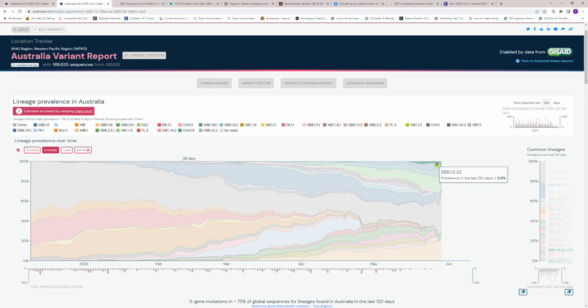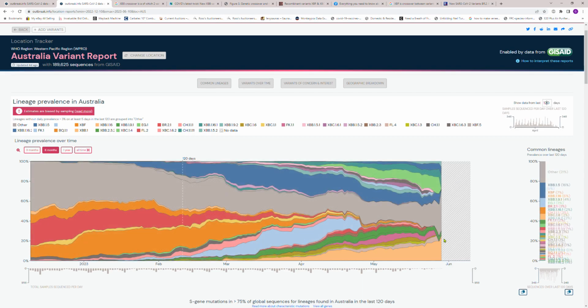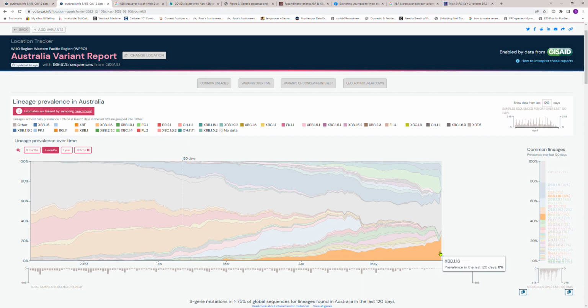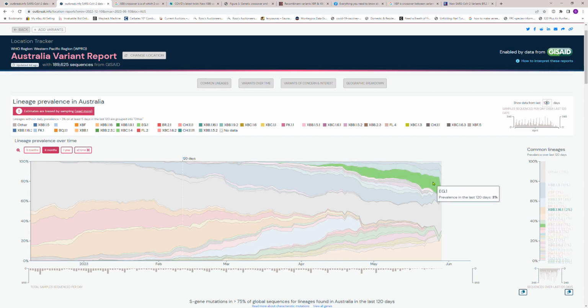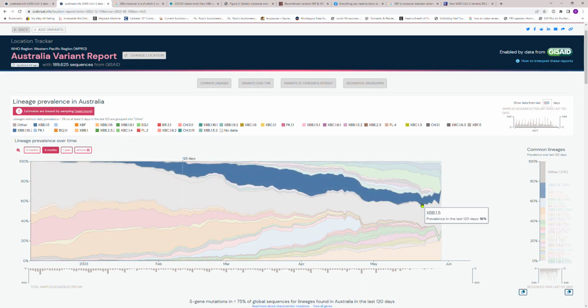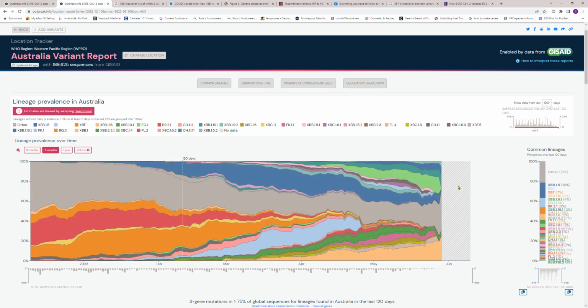Now it is still going. What is the most prevalent at the moment seems to be XBB.1.16. It's got a name, Arcturus or something, I believe, and it's got a whole stack of sublineages like XBB.1.16.2, XBB.1.16.1, XBB.1.16.3, and I believe XBB.1.16.4.